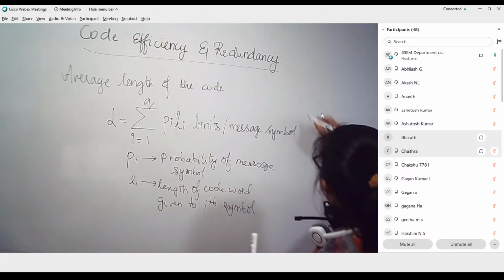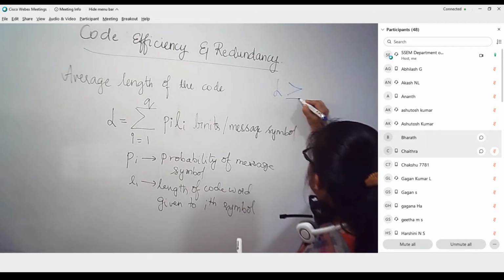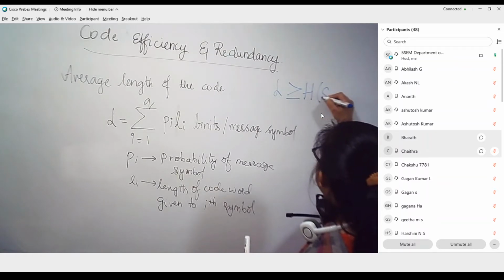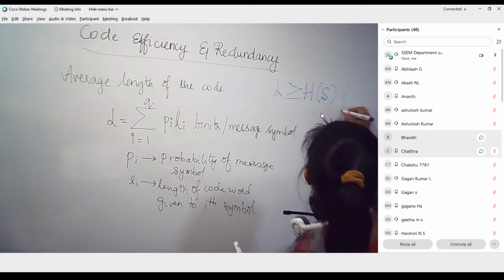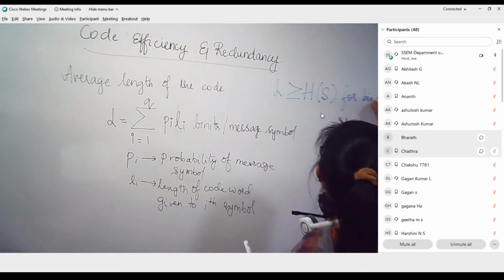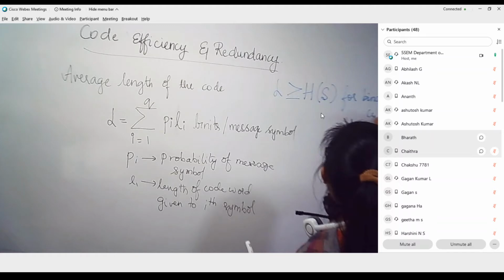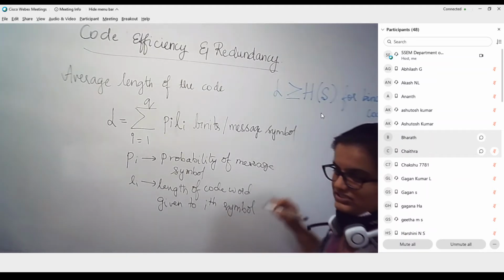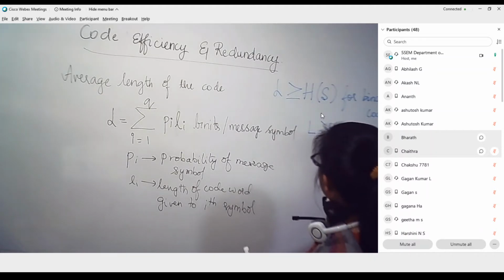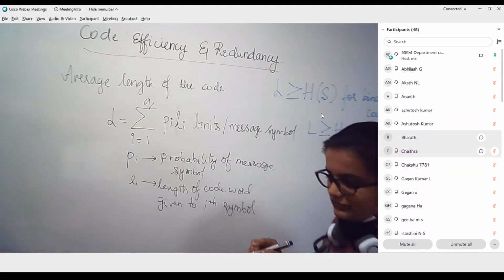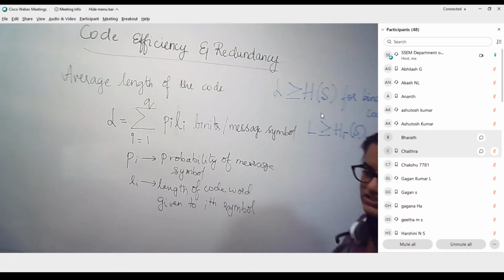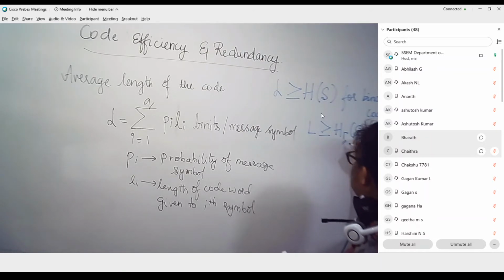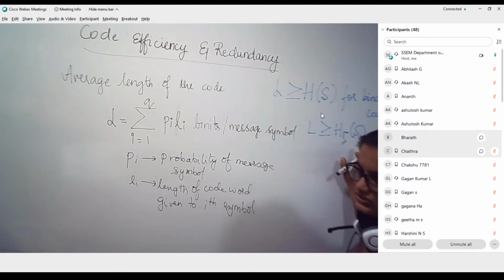Whenever we find the average length of a given source, this average length L will always be greater than the entropy of the system. It is H of S for a binary source. If it is not a binary source, then L will always be greater than HR of S. That means if the radix, or the number of code alphabets, is greater than 2, it could be 3 or 4.